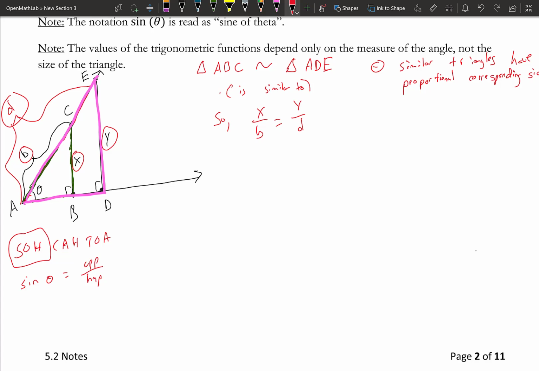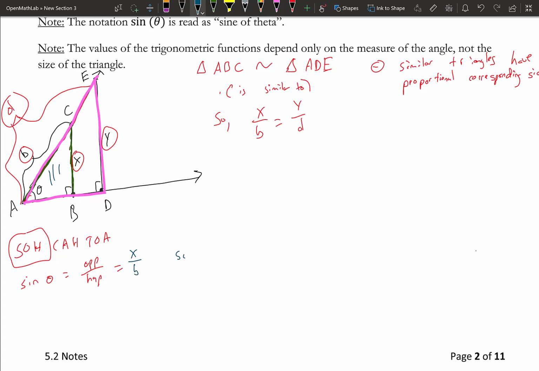So, thinking in terms of the smaller triangle, the one I put in blue marks, originally green on the outline, the opposite would be x, because I'm looking at this theta, which I labeled angle A. That would be x over b.